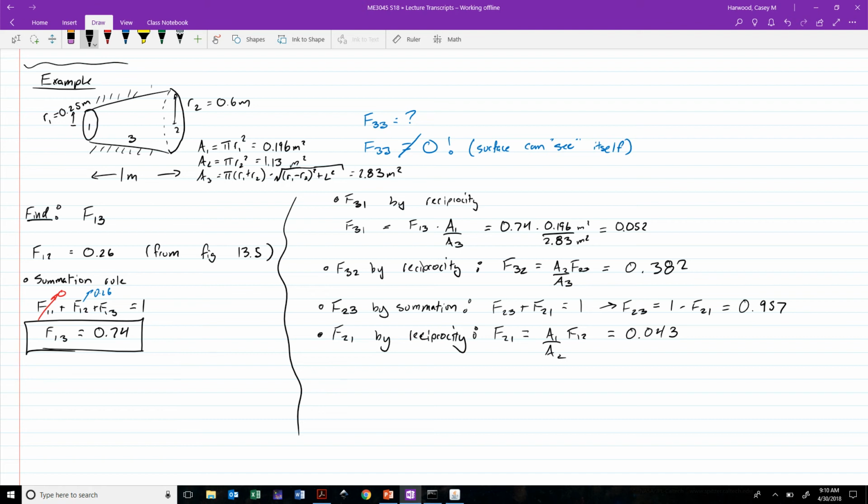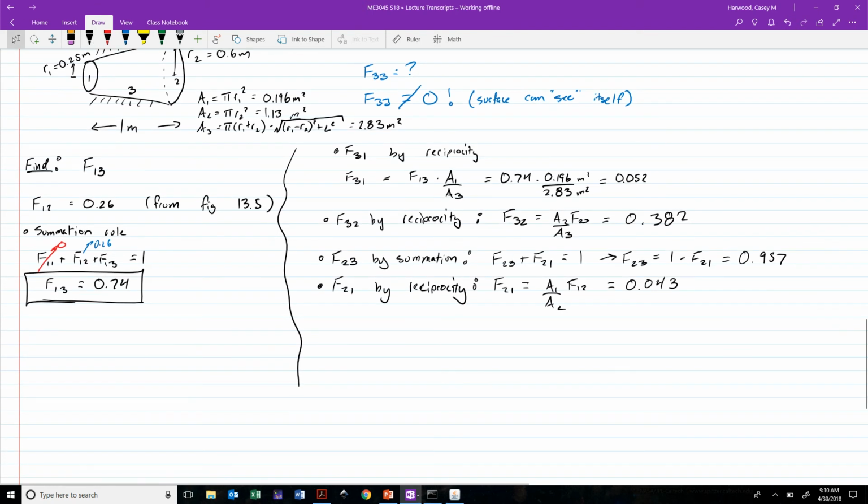So these guys plus whatever F33 is have to equal 1. So by summation, F33 would be equal to 1 minus F31 minus F32, which would work out to 0.566.